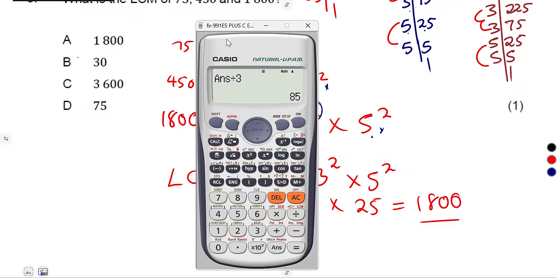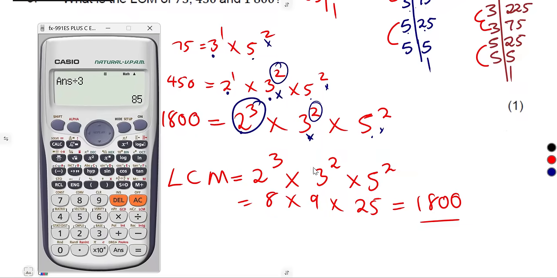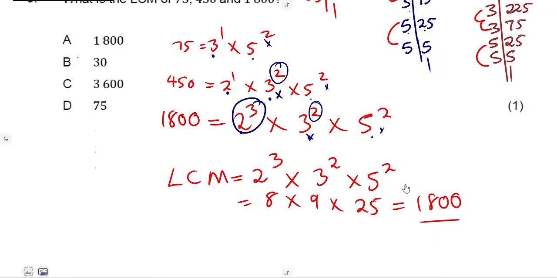Or you could simplify directly on your calculator: 2 to the exponent of 3, then 3 to the exponent of 2, it's a product here, then 5 to the exponent of 2. As you can see, this is 1,800. So the best answer is A, which is 1,800.